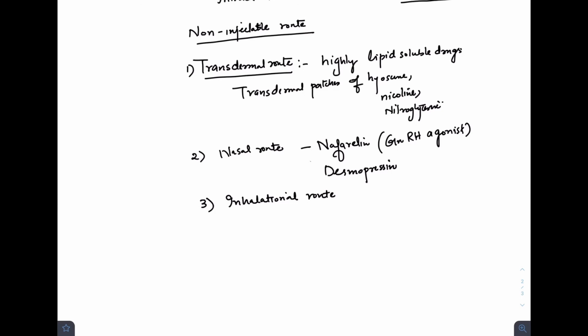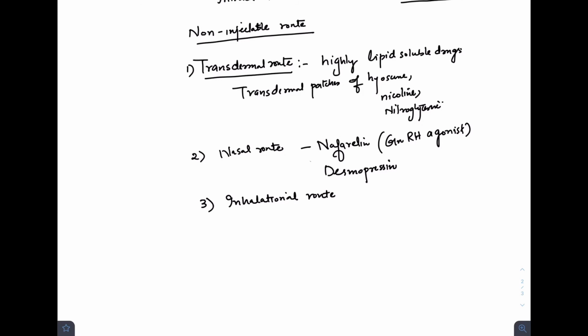For example, if you are on an IV infusion, you have an IV line connected to your venous system, and you can control the rate of drug which should be delivered to your body externally. The same in the inhalational route, I can control the rate of drug delivery.